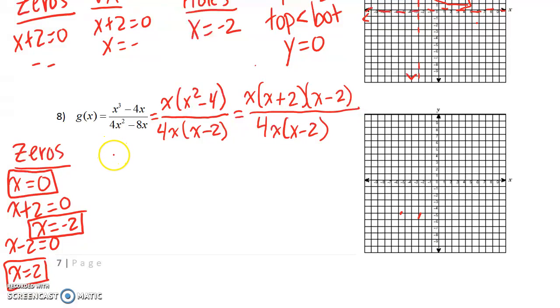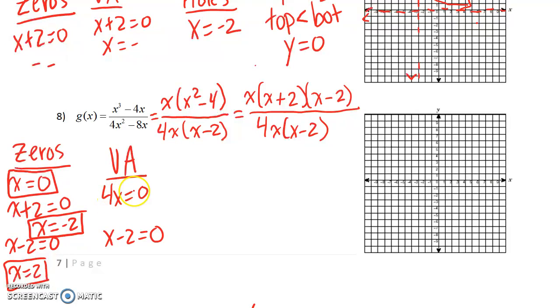Next step, we solve for the vertical asymptotes. If I back up, the zeros are where my function will cross the x-axis. So we do have a value on our function at those x values. We do have an output for all three of those inputs. Vertical asymptotes are found when we set all the factors in the denominator equal to 0. So we set 4x equal to 0, and we set x minus 2 equal to 0.